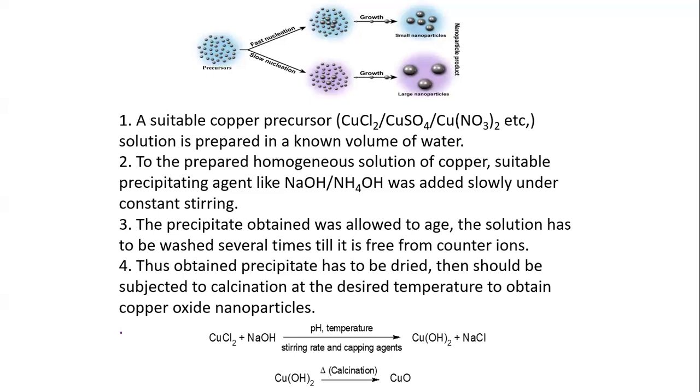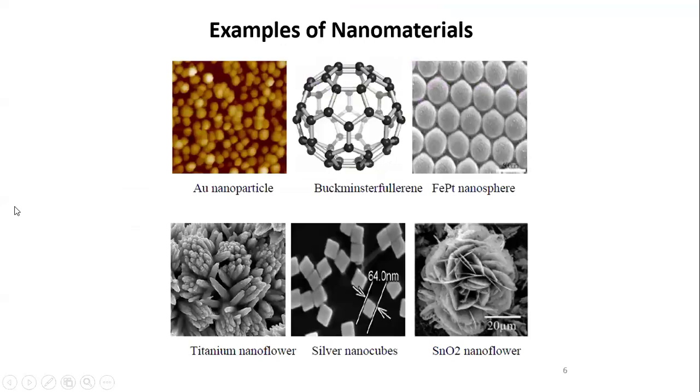The product formed has to be subjected to calcination, that is high temperature heating, to get the product, the nanomaterial copper oxide. So this is the preparation of copper oxide nanomaterials from the precursor copper chloride or copper sulfate.